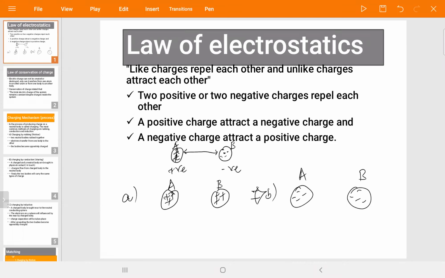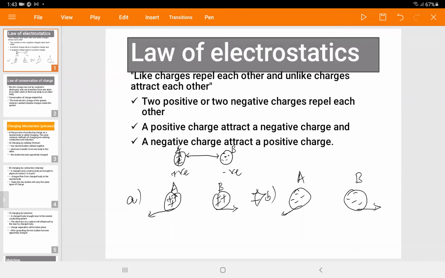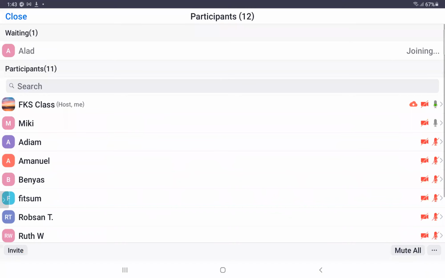Since they carry the same charge, there will be a repulsive force. So they will move away from each other. There is a repulsive force between two positively charged bodies, and in a similar way, there is a repulsive force between two negatively charged particles, or it can be a big body, or just a particle.